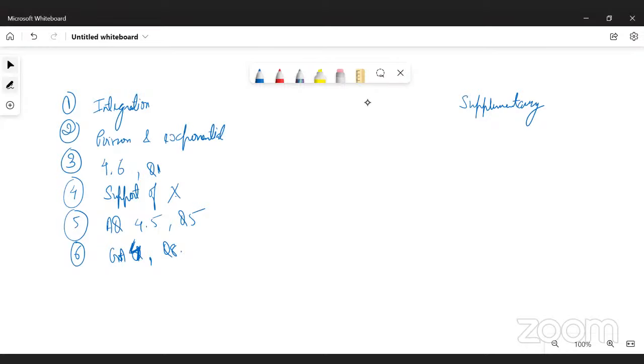Who had asked the integration part? That was Aditya. I don't think he is there. I think he left. Yeah. Okay.